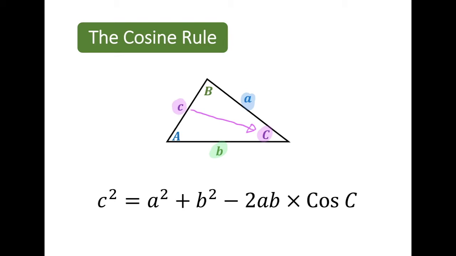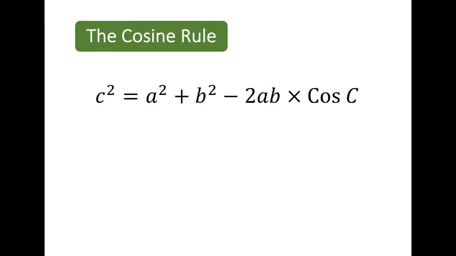Now, we can also rearrange the cosine rule formula to be able to find one of the missing angles. So let's have a look at how we rearrange that formula. To rearrange the formula, we subtract 2a times b times cos of angle C, and then we move it over to the other side. When we move it over to the other side, it is going to become a plus.